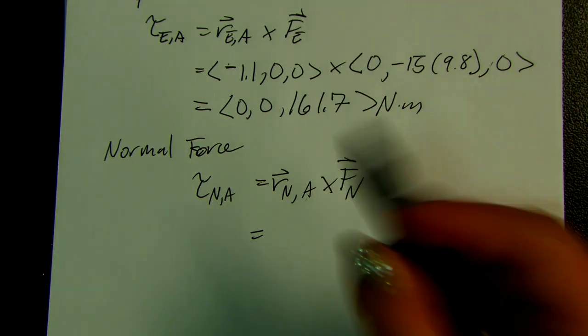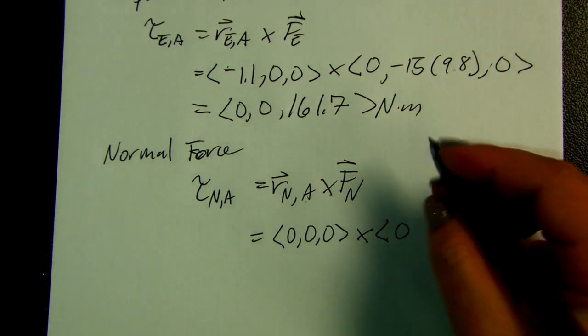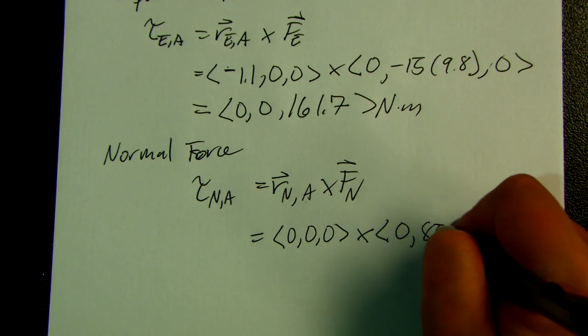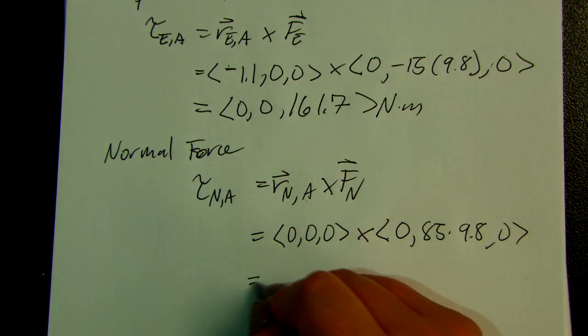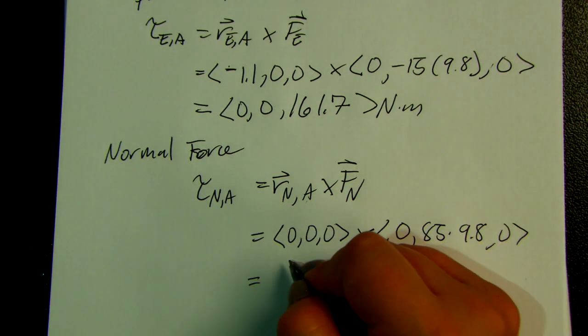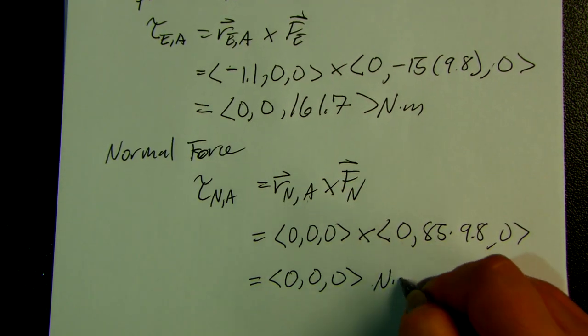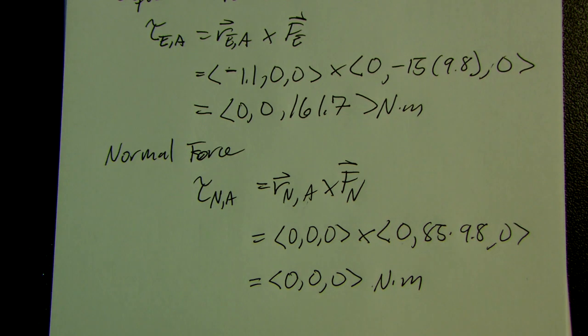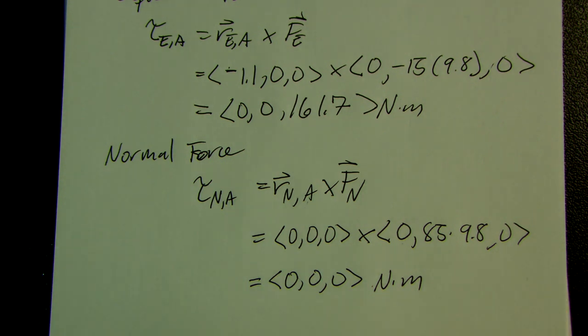So this is equal to 0, 0, 0 crossed with 0, 85 times 9.8, 0, which is equal to 0, 0, 0. By the way, this is often why you will choose a point like a pivot to be the position with respect to A that you're looking at angular momentum, because it gives you a really nice 0. Zeros can be really handy.